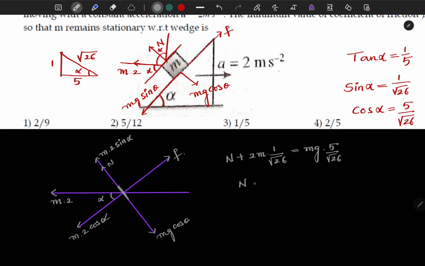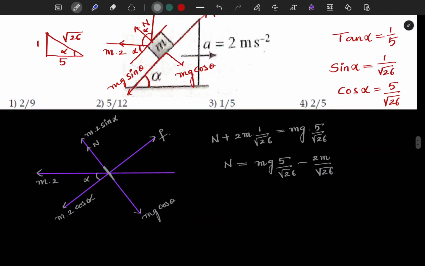Now the value of N would become m into g into 5 by root 26 minus 2m by root 26. This is the value of N.